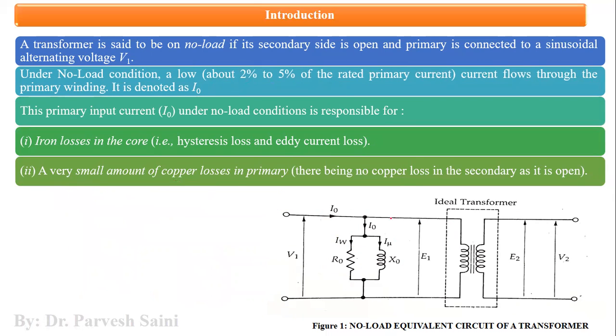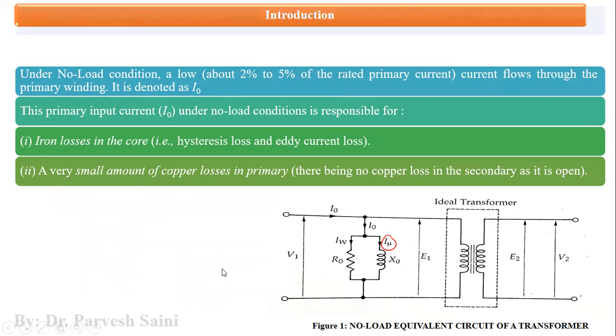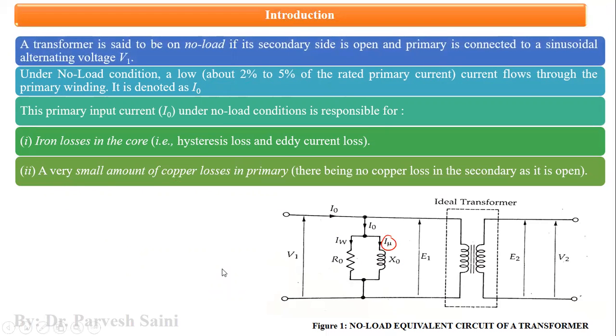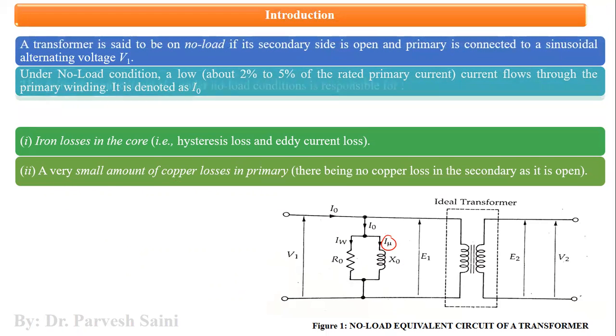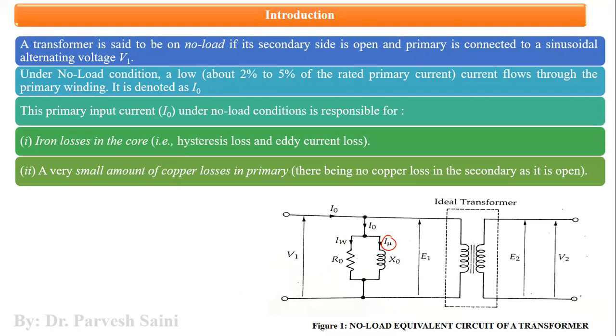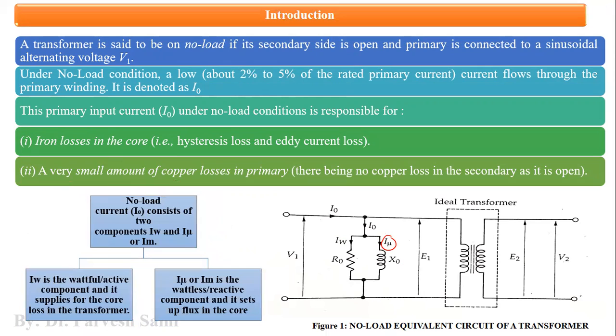Now, the second component is I mu or I m, which is also known as the magnetization component. This no load current, as shown in the diagram also, is dividing into two components, IW and I mu, or we generally also represent it with the notation IM.